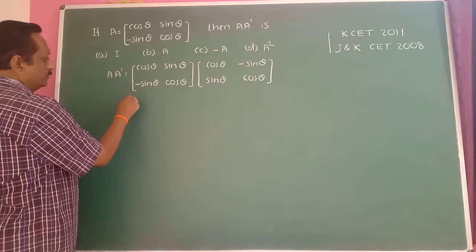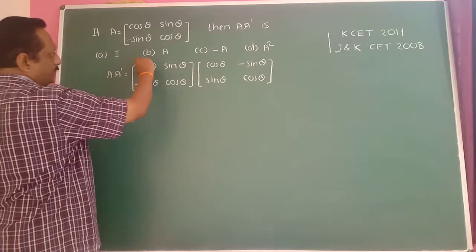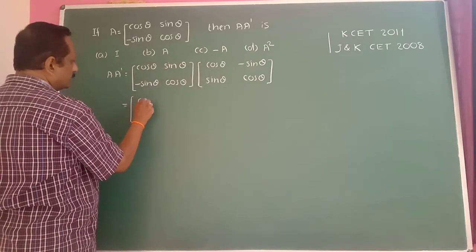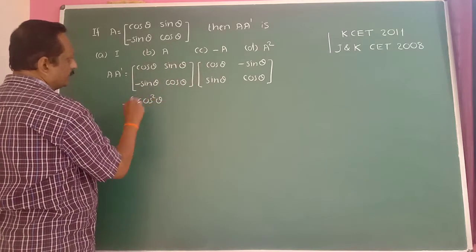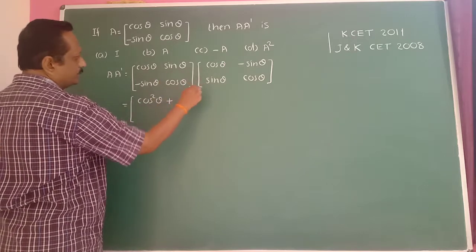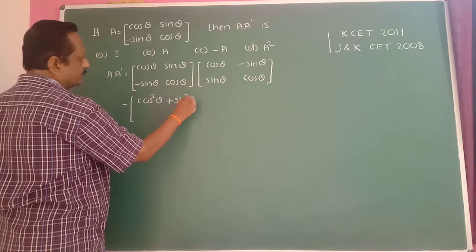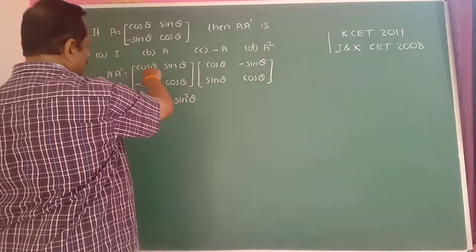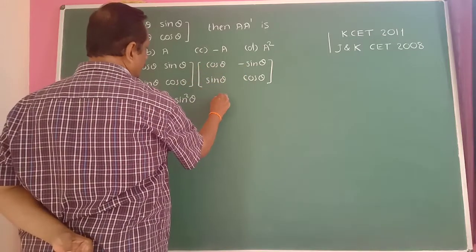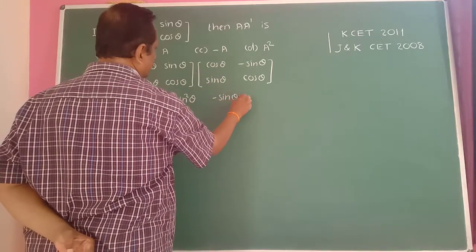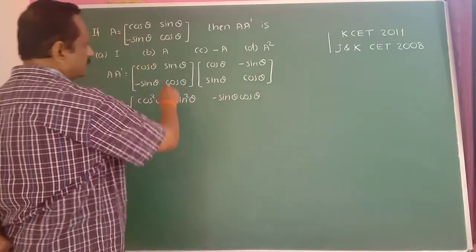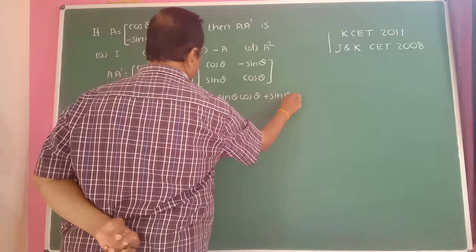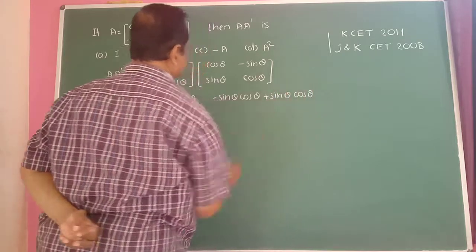Therefore, this is equal to multiply row with the column. Multiply this row with the column here: cos theta into cos theta becomes cos square theta, then plus sin theta into sin theta becomes sin square theta. Then multiply this row with this column: cos theta into minus sin theta, minus of sin theta into cos theta, then plus sin theta into cos of theta.